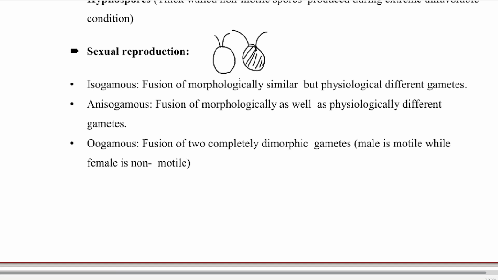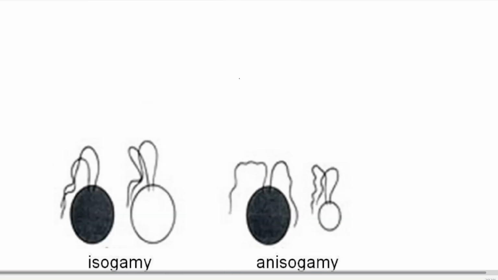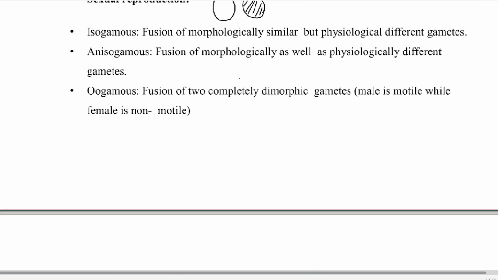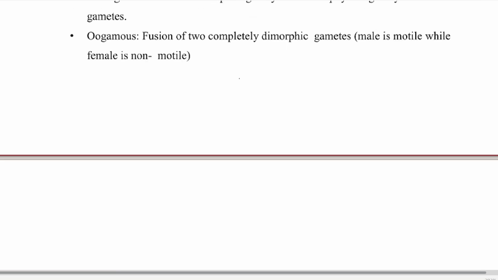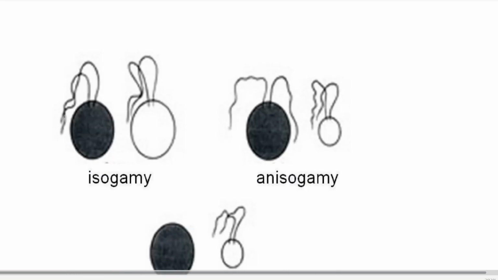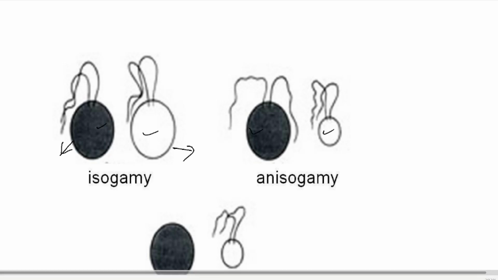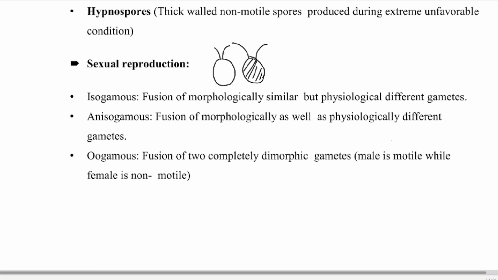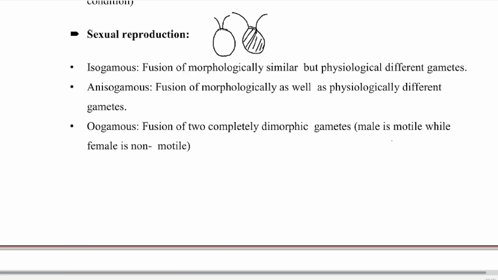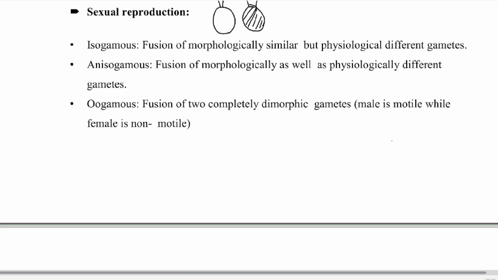Another is the fusion of morphologically different and physiologically different gametes, anisogamy. In the earlier figure it is morphologically the same but physiologically different. Here it is different both physiologically and morphologically: one is big and one is smaller.